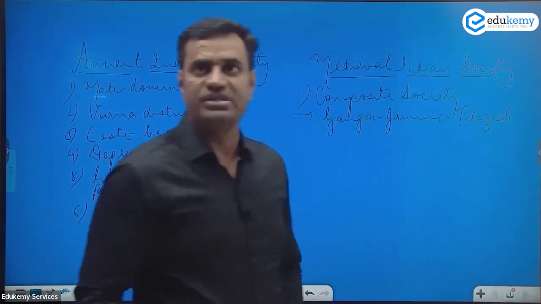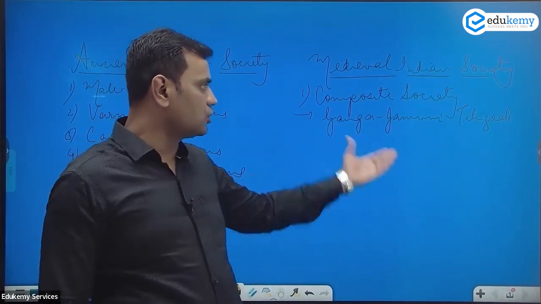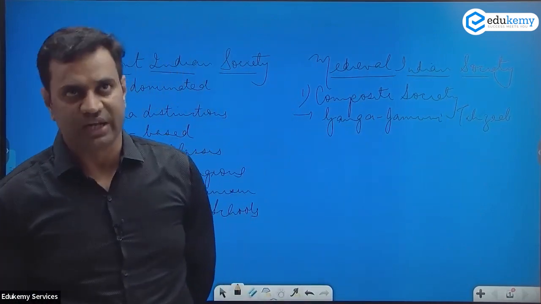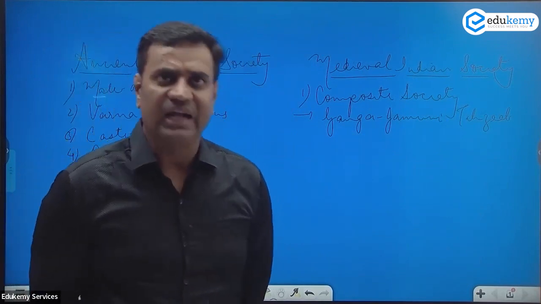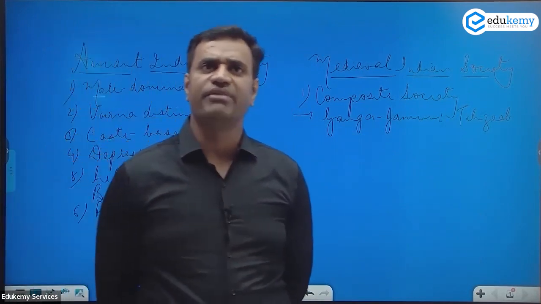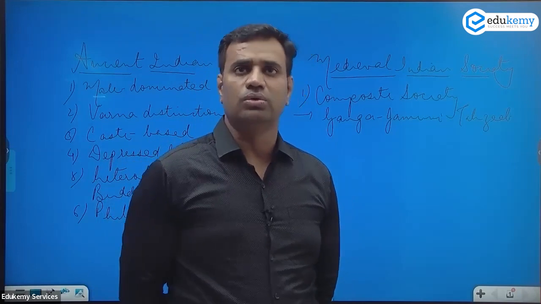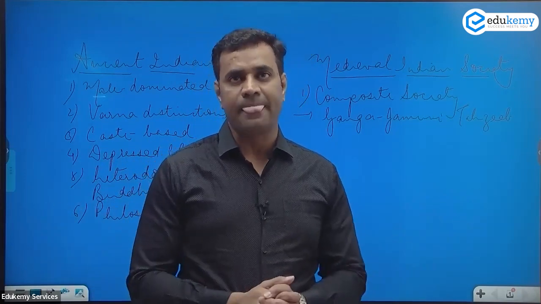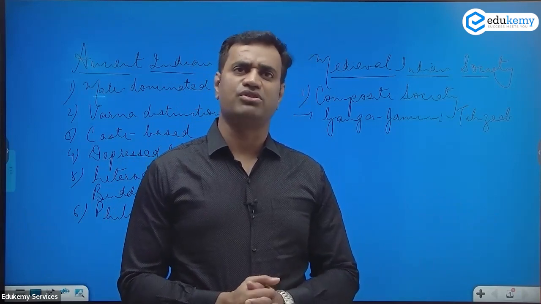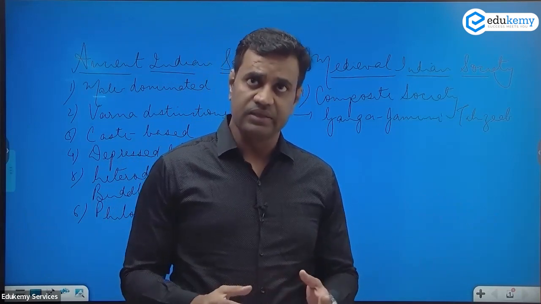This is basically a hybrid culture, in which a large number of people from Islamic faith and Hinduism contributed significantly, that led to the growth and development of a hybrid or composite culture in India. And it is a very distinctive or salient feature of Indian society.